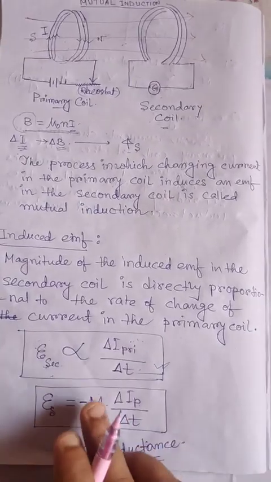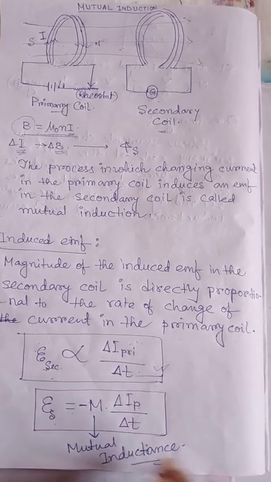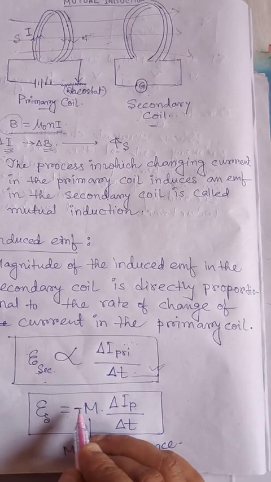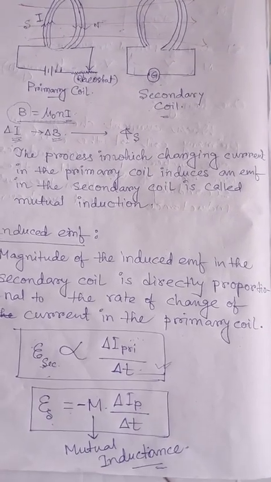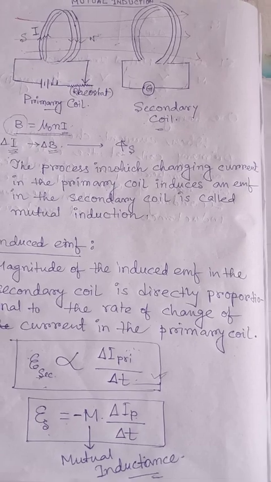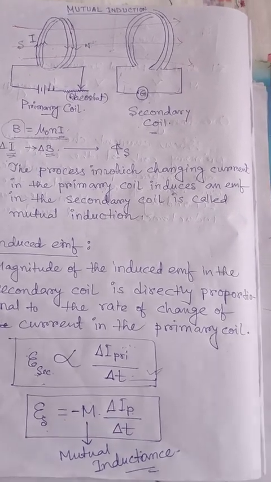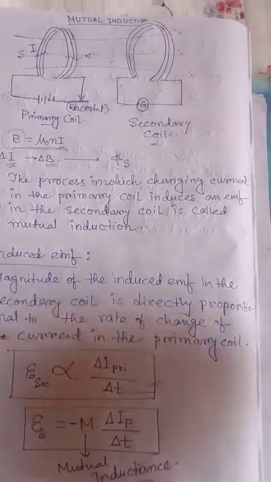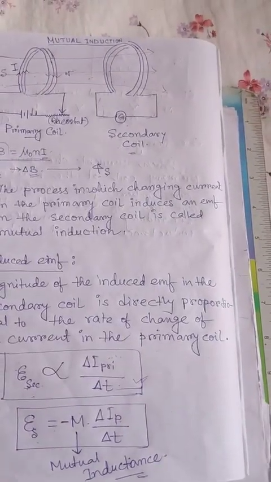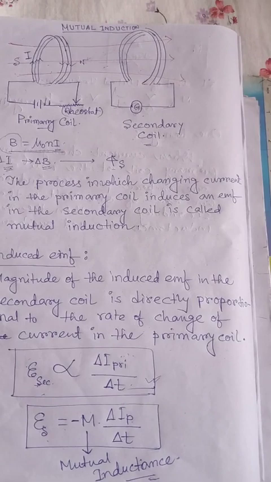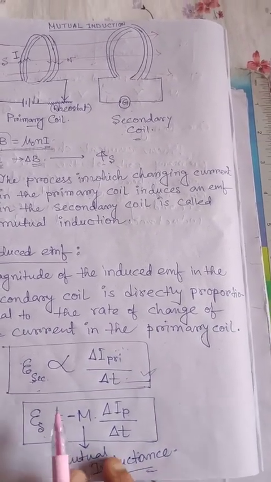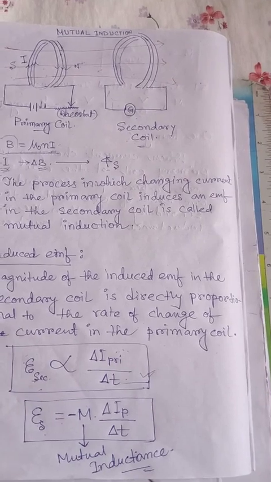And we write a negative sign also here. Why do we write the negative sign? Because of Lenz's law. Lenz's law states that the induced current is in the direction which opposes the cause of its creation, and that's why we write this negative sign.